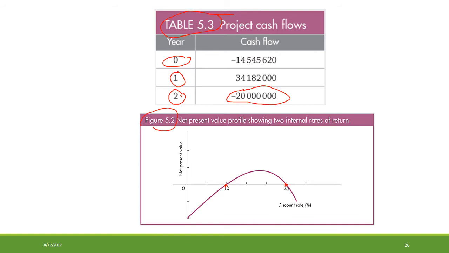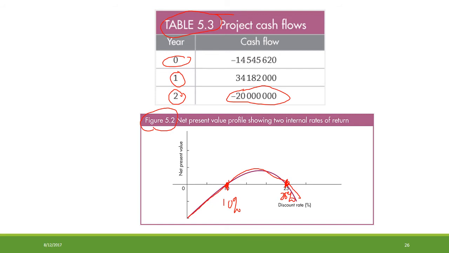If we look at the NPV of this project, this is how it looks. This NPV curve here cuts the horizontal axis 2 times, right? At these 2 points, at either 10% or 25%, my NPV is equal to 0, meaning that I have 2 IRRs in this case.